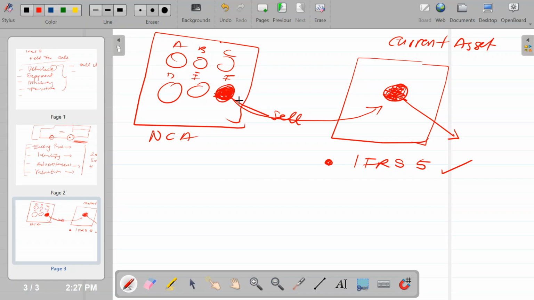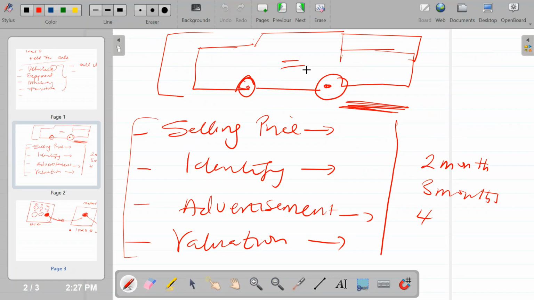Another key principle is that once the asset is held for sale, it means we are just assuming that we are selling this truck. Ideally, we will park it somewhere and wait for a buyer to come and buy. We are not going to be using the asset. We just park it neatly and wait for a buyer to come.